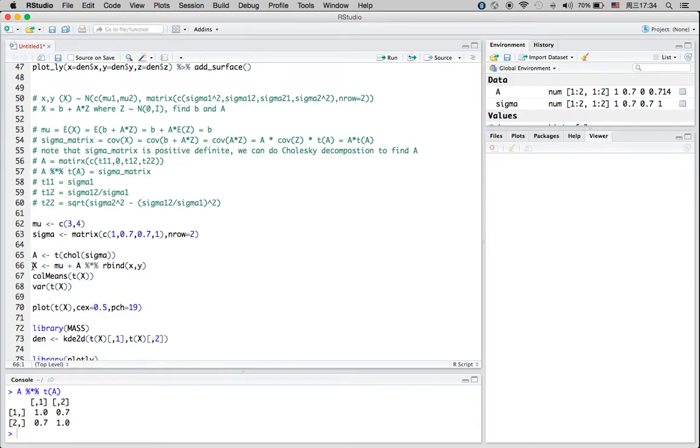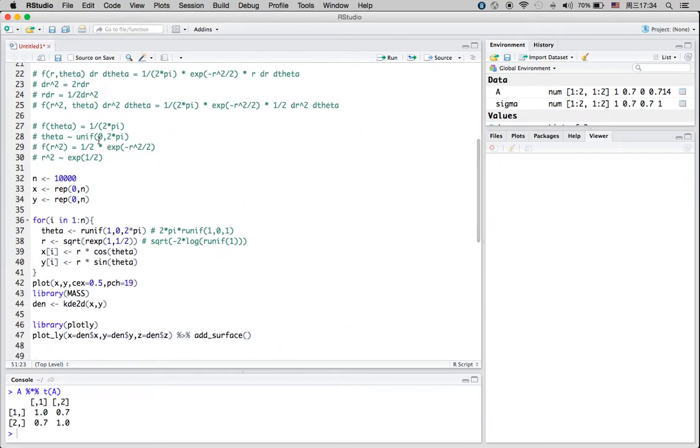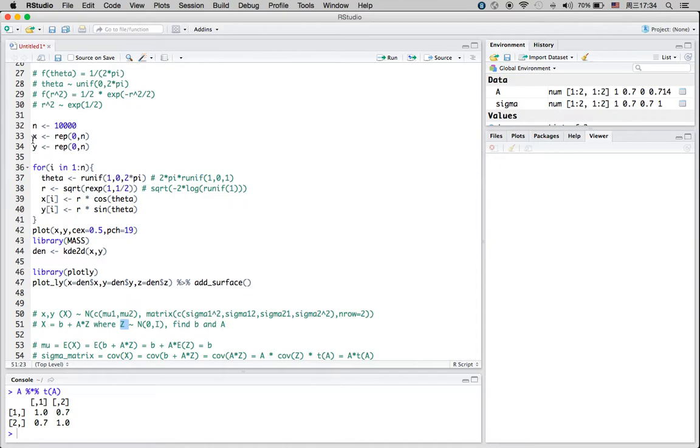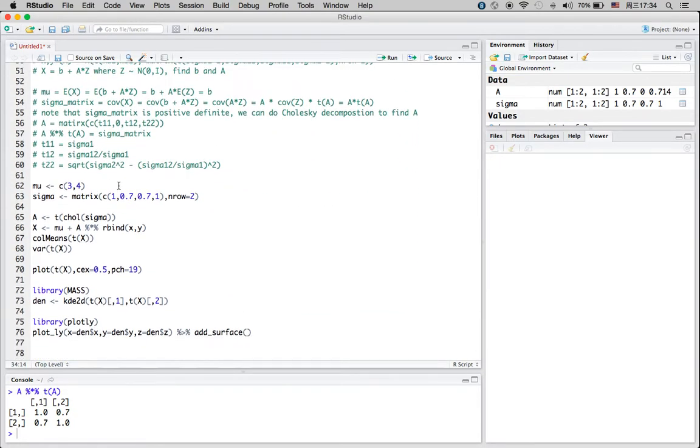So our new variable x is just mu plus A multiplied by z, where z is the bivariate standard normal distribution. Since we already got the bivariate standard normal from our previous example, and I stored it under x and y, I will just borrow it here to use directly.